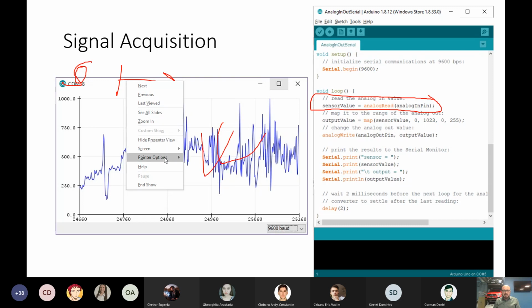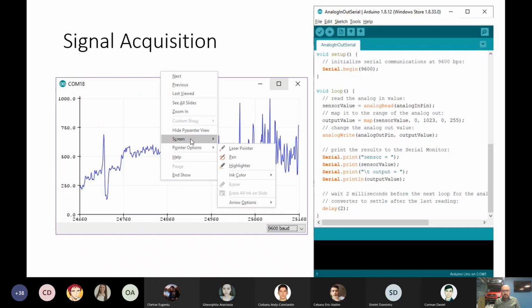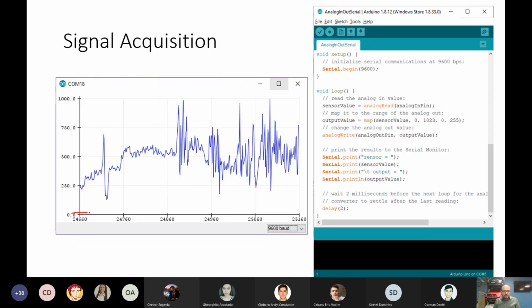And in the next lecture, we will see how, from this information, from 0 to 1023, we convert it to voltage and remove these noises.